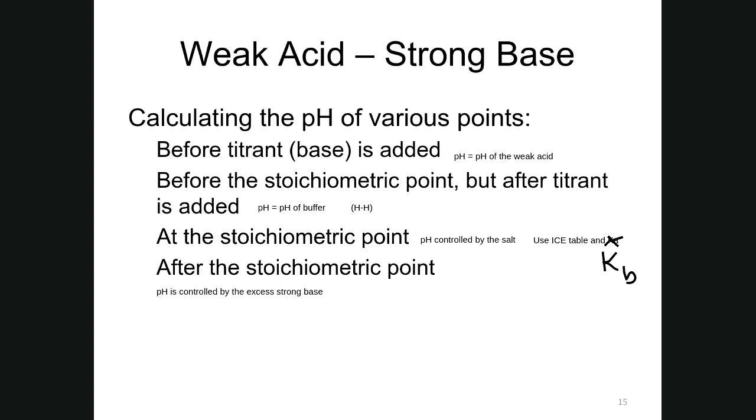There we go. So at the stoichiometric point, the pH is controlled by the salt. So you're going to use an ice table and Kb because you're looking at the conjugate base. And then after the stoichiometric point, you're going to use the excess strong base to determine the pH. And again, we know how to find the pH of a strong base. So we'll look at an actual problem like that in class since we are out of time. And then we'll look at weak base, strong acid titrations at the end of class.